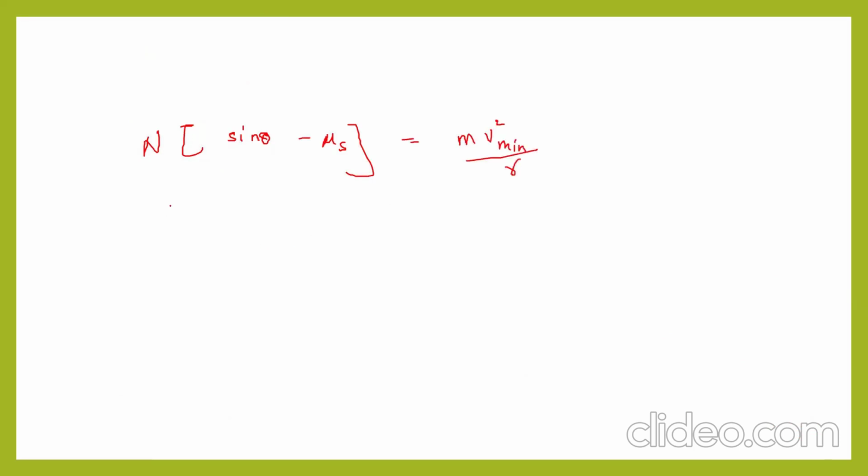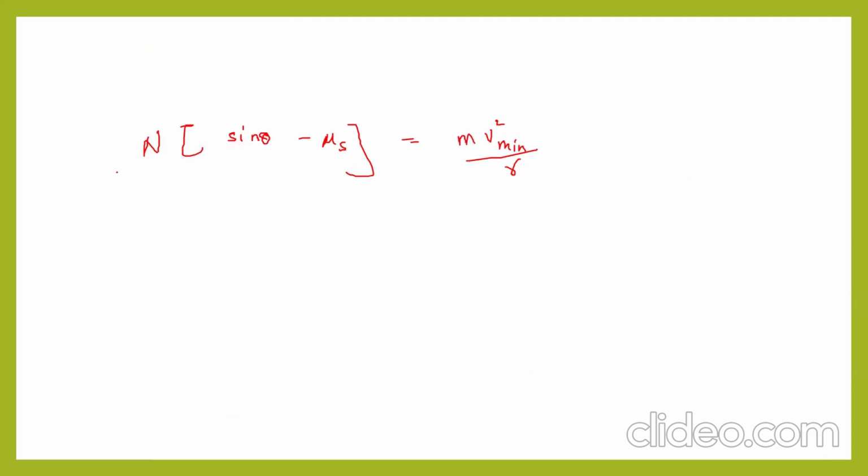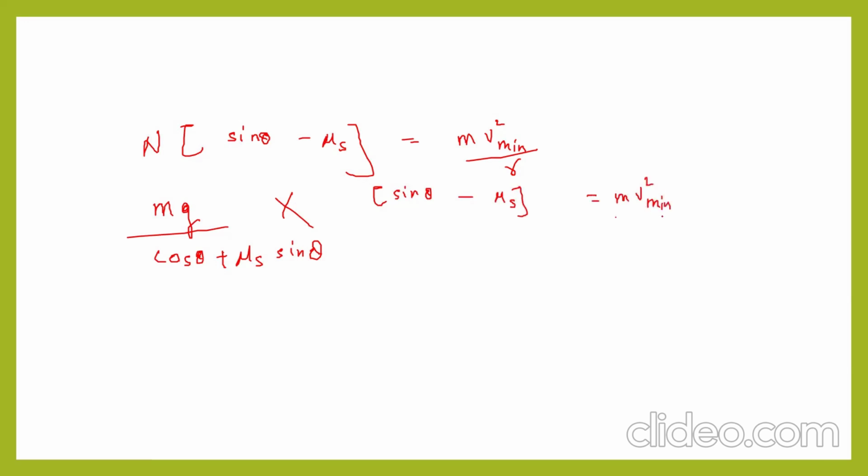So N will be what? The solved N, I think, is mg by cos theta plus mu s sin theta. Is it so? Clear? Okay, then I think it's clear to you.